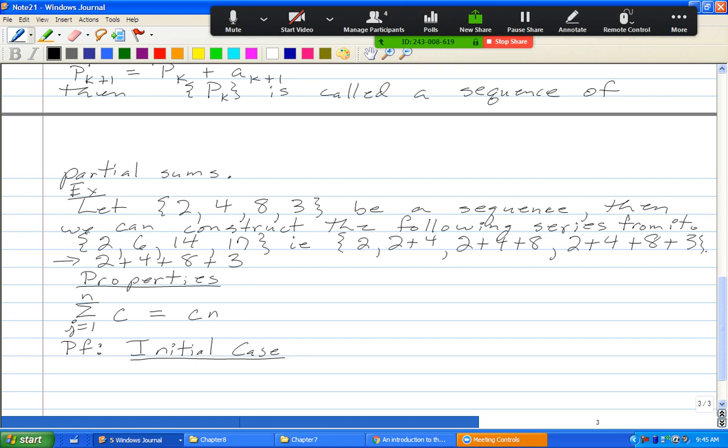I just want to show that this works when n is equal to 1.